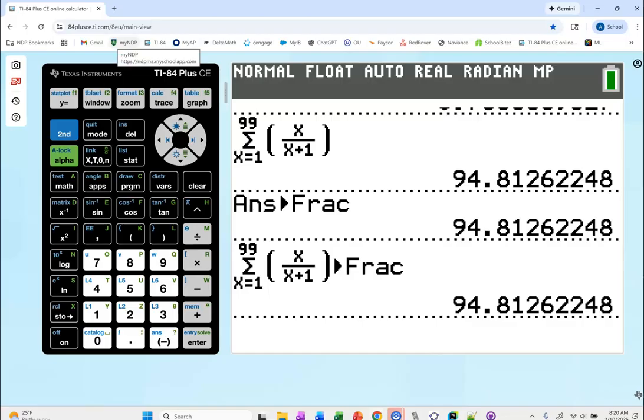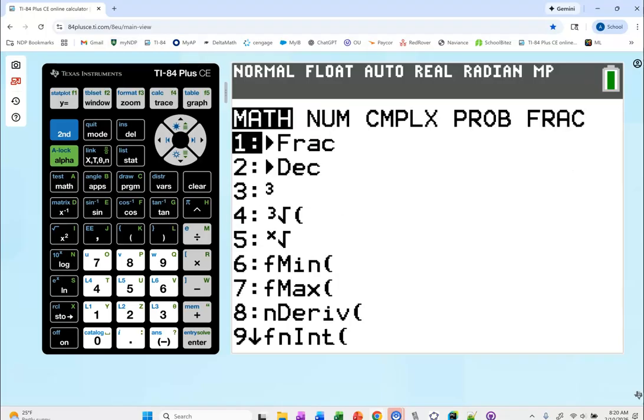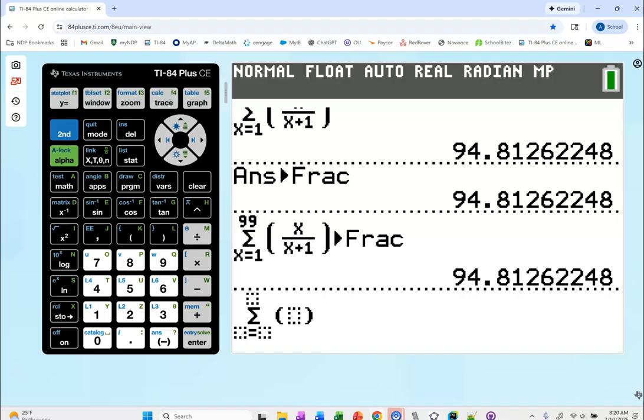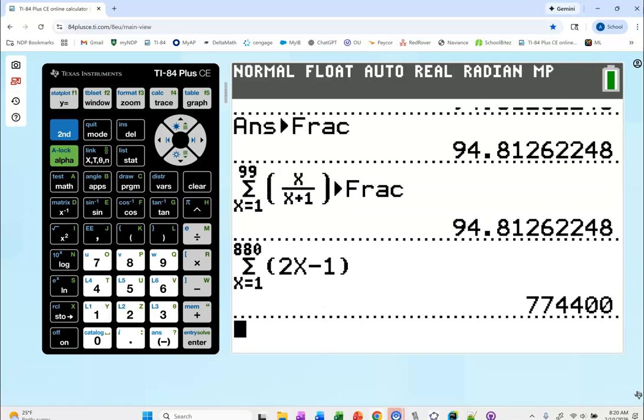Where do I go to type this into my calculator? What button? Math. Good. And I'll use x for i, so the sum from x equals 1 to 880 of 2x minus 1. That's 774400.